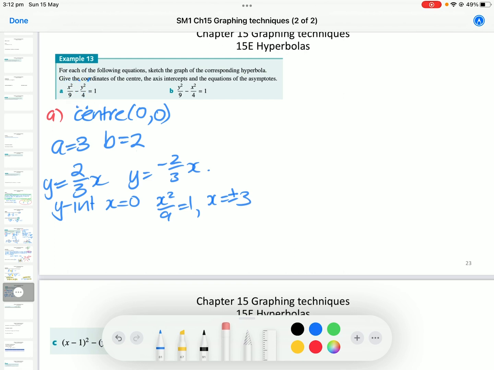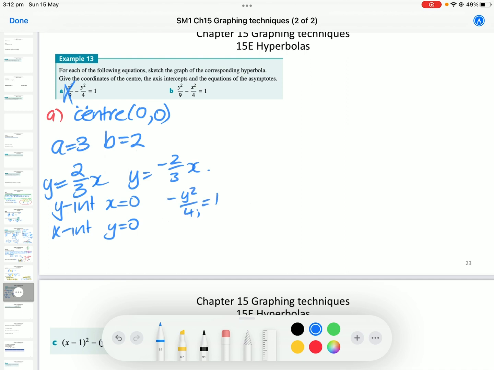Now we're going to say to find my y-intercept, x is 0. So I did that the wrong way around. Sorry, that's annoying, isn't it? When x is 0, we get minus y squared on 4 equals 1.